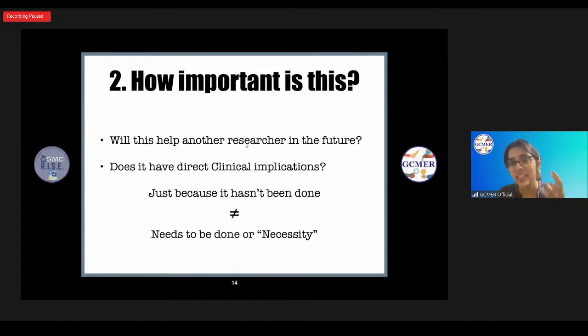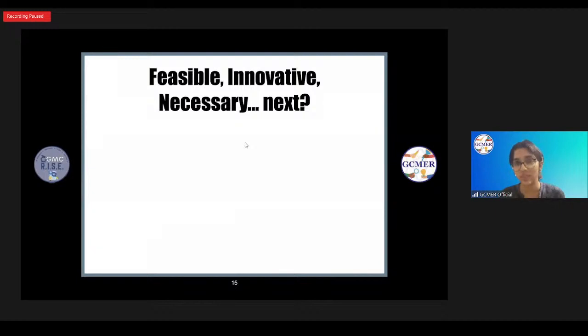The necessity is also important when you're choosing a research topic, and these questions can help you answer that. And if you find that it's not necessary, just don't do it, because you can have these research projects done, but at the end of the day, if it's not helping patients, don't go for it, is what I always suggest. So you've made sure that it's feasible, that it's innovative, and that it's necessary.